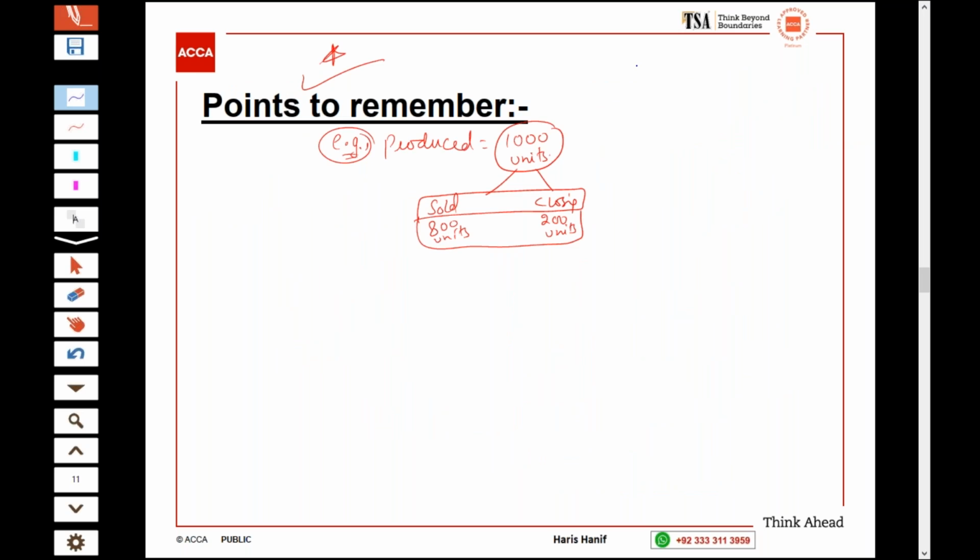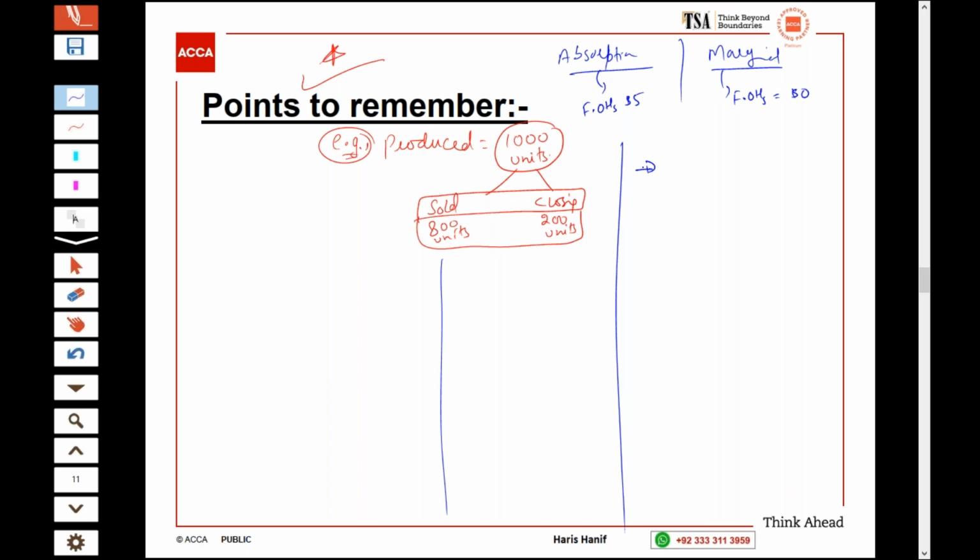Now see, in absorption costing the fixed overheads are $5. In marginal costing, the fixed overheads are $0. See the last example. Now what will be happening if I am using absorption costing in this example? I will be writing some theoretical points over here.